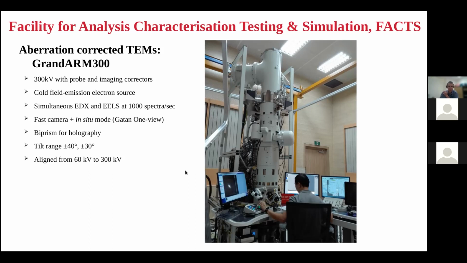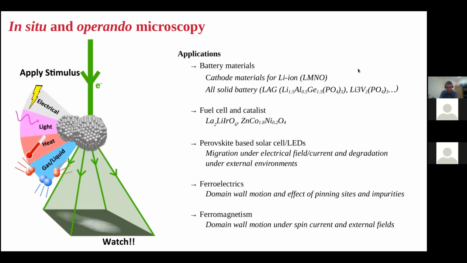And most of the results that I'm going to present today have been realized using this TEM. So on top of simple TEM imaging, I want to present results that we obtained in situ and operando microscopy. So what do in situ and operando mean?